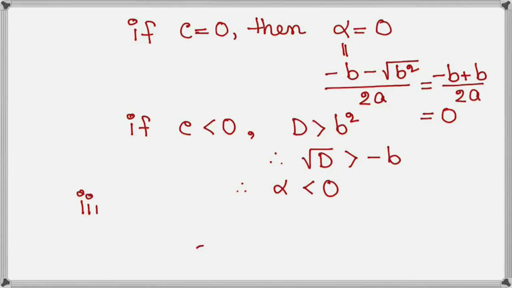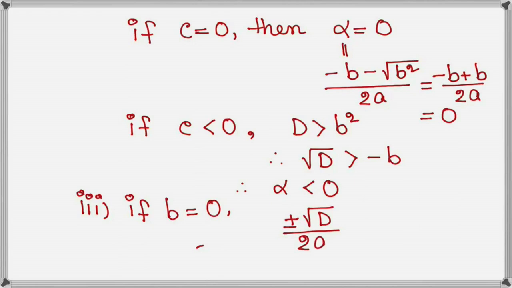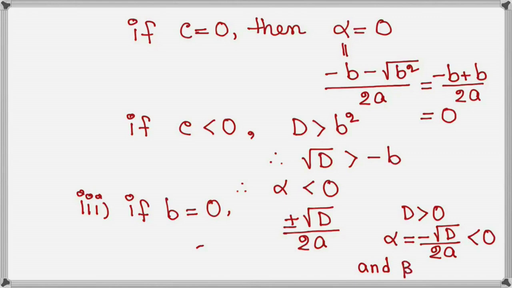Now if b is equal to 0, then we know the solutions are plus minus square root of d divided by 2a, and as we have here d is strictly bigger than 0, we can clearly say alpha, which is minus square root of d divided by 2a, is strictly less than 0, and beta, which is square root of d divided by 2a, is strictly bigger than 0.